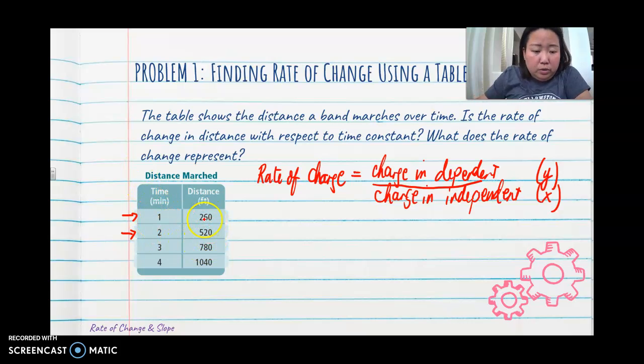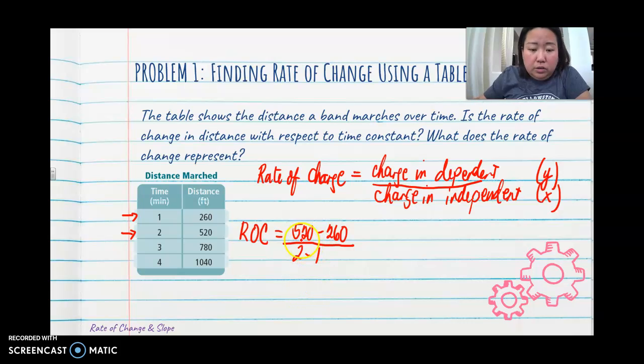Okay, so you can see that the rate of change, I'll just use ROC, is going to be the difference between the y values, which is the distance. So it's going to be 520 minus 260, divided by the difference of your x values, and so in this case it's 2 minus 1.